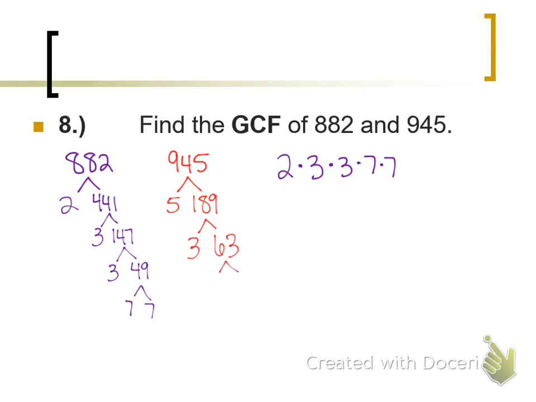It can be broken into what? 3 and 21. 21 can be broken into 7 and 3. Now all of our bottom branches are prime numbers.